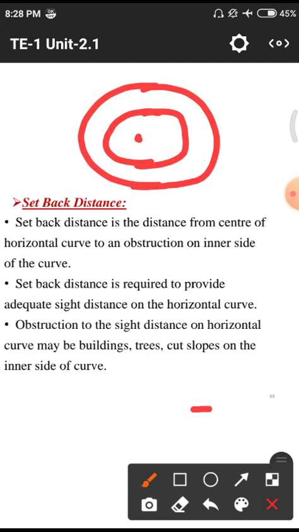If we compare this as a road, the outer periphery has extra distance and the inner periphery has less distance compared to the outer periphery, so we need to provide some setback distance to secure these sight distances and prevent other accidental cases on horizontal curves. This is the main phenomenon which should help to prevent these accidents.